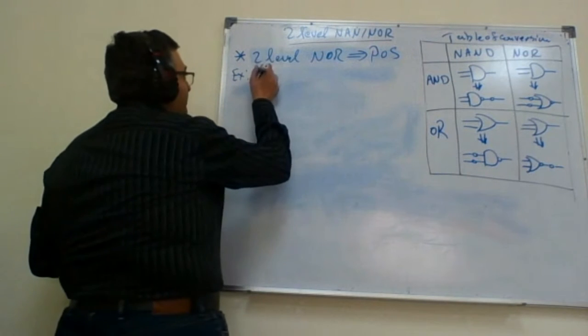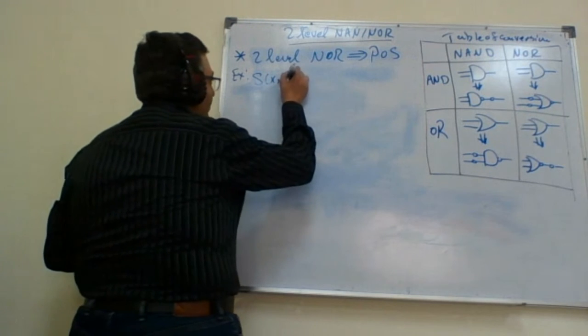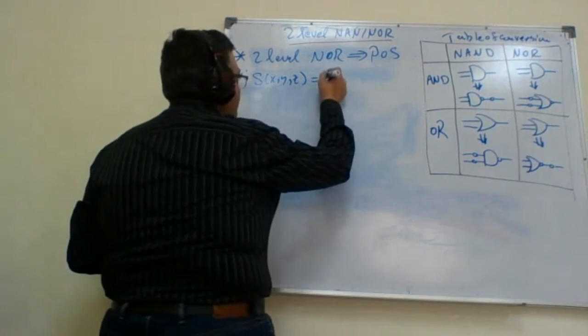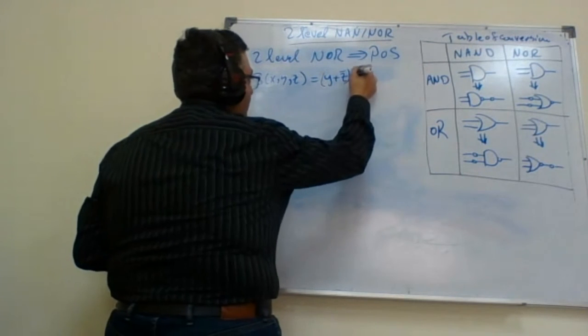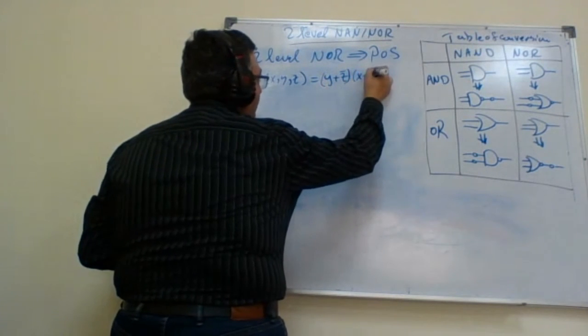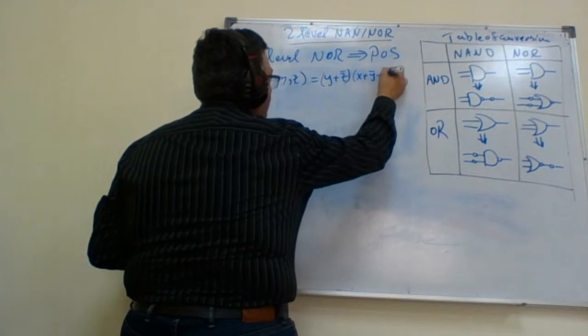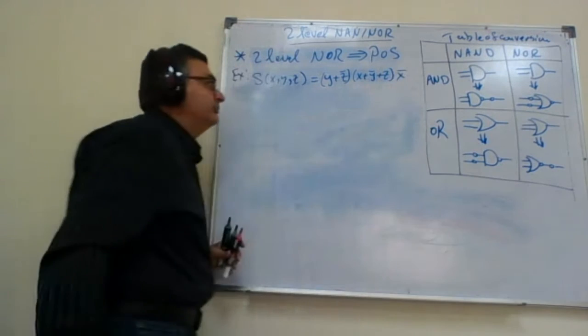How? Let's see an example. Another function, let's call it S of X, Y, and Z. Now, let's put some equation for this: Y or Z bar, X or Y bar or Z, then I have here maybe X bar.